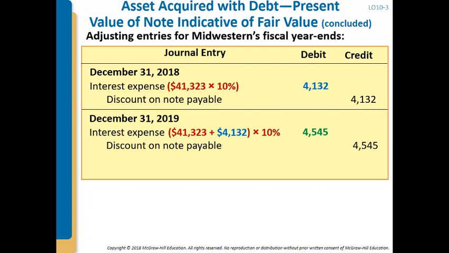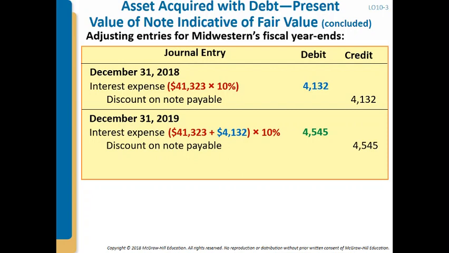Now on year 2, your amortization is going to be based upon the original $41,323 plus the $4,132 that you amortized in year 1. So $41,323 plus $4,132 is $45,455 times 10%.